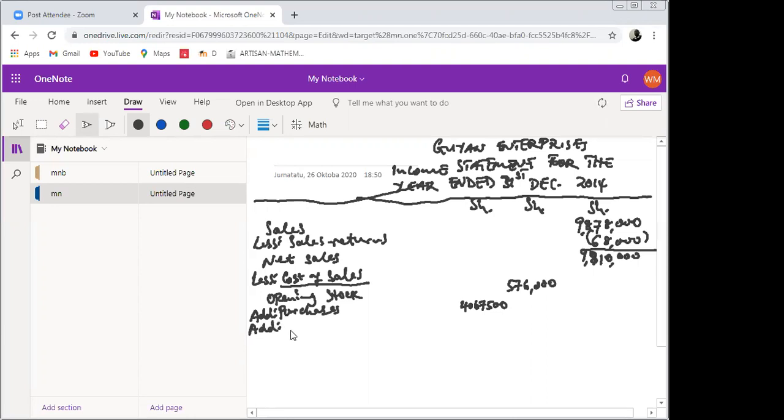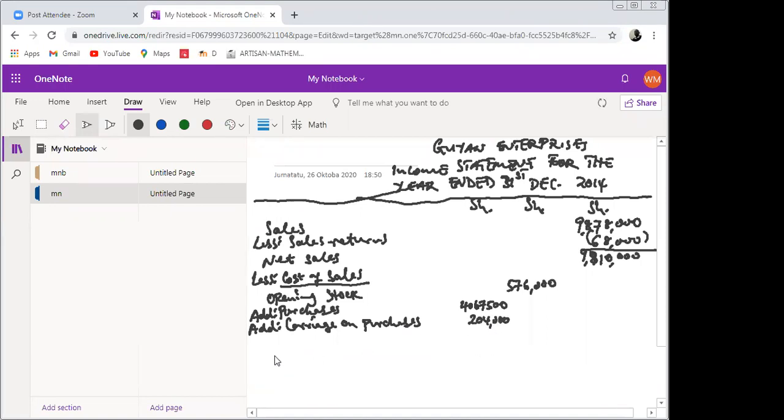Yes. I can see we have carriage on purchases. And it is amounting to how much? Carriage on purchases is 204,000.